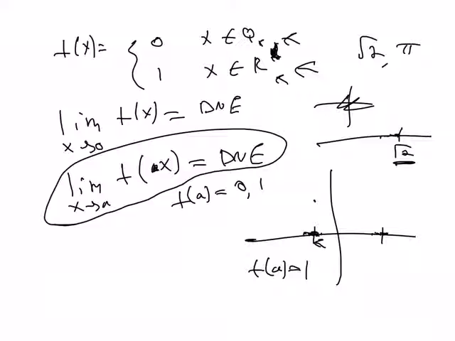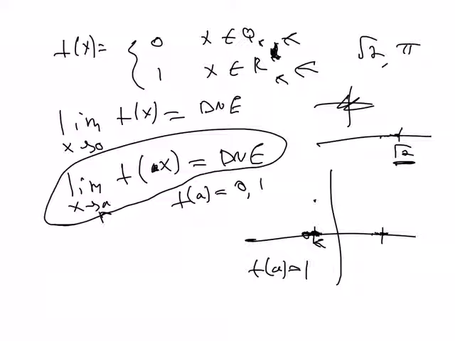But there are going to be an infinite amount of points close to it for which f is 0. So we cannot say that the limit as x approaches a is going to be 1, because there will be a bunch of numbers whose value is 0. Okay.